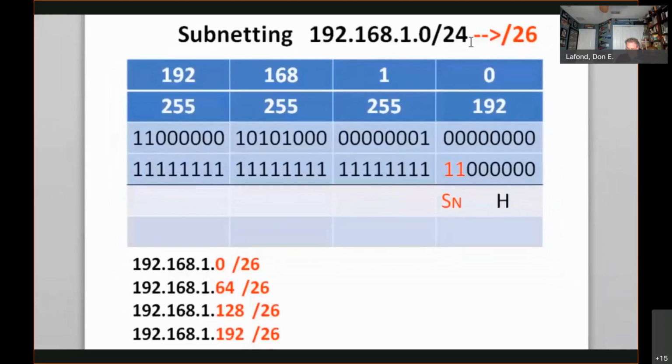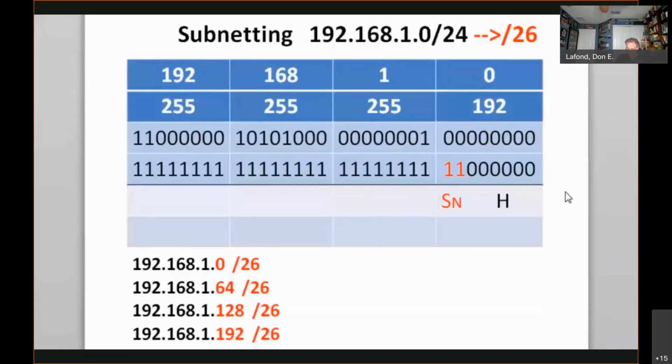If I decide to borrow 2 subnetwork bits from the host portion of the original 192.168.1.0/24 network, I now have /26. I've borrowed 2 bits, so now I have 2 to the 2nd power of subnet bits, so I have effectively 4 subnetworks. The 4 subnetworks are listed here. For host bits, I have 6 zeros in the host portion of the address, and 2 to the 6th power is 64.